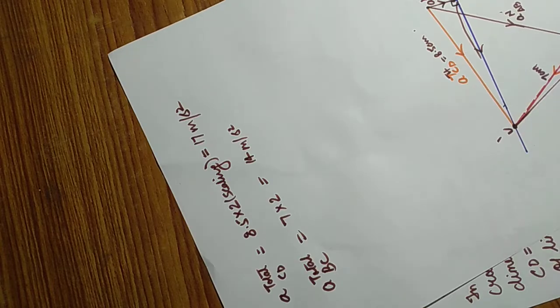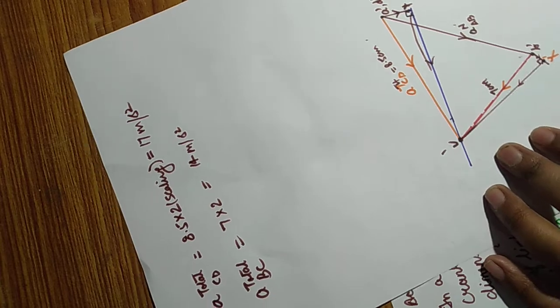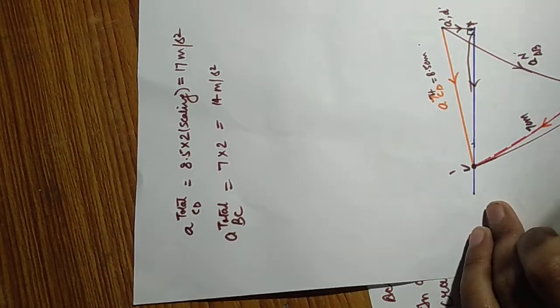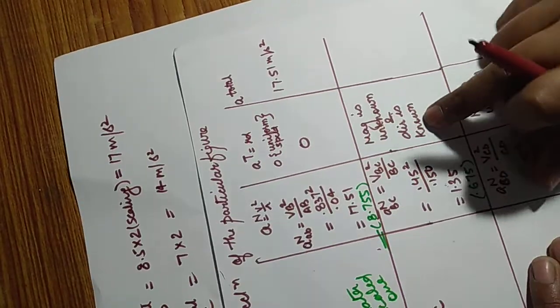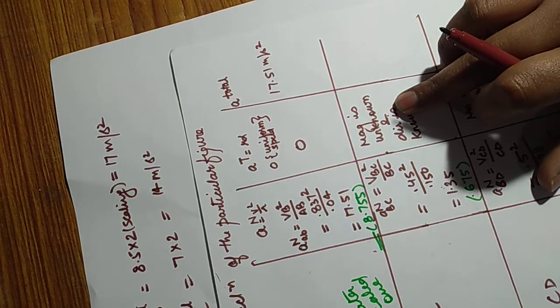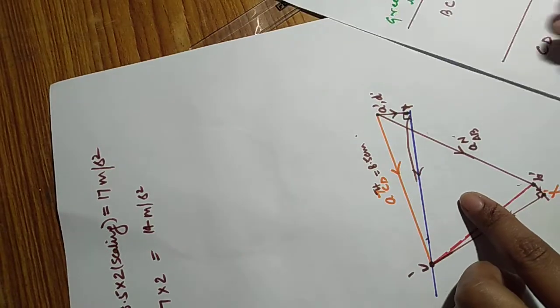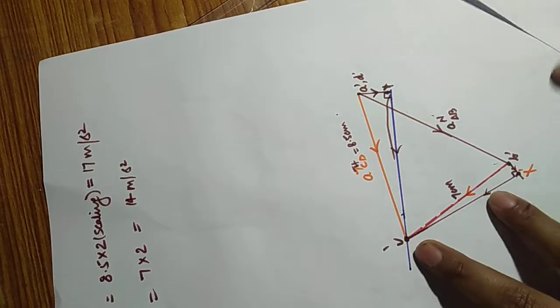We can also find out the angular acceleration of the links, or we can also find out the magnitude of this. To find out the magnitude of the tangential component of BC, we will go to this diagram. Tangential component of BC. So this is the link BC. The tangential component is this one.